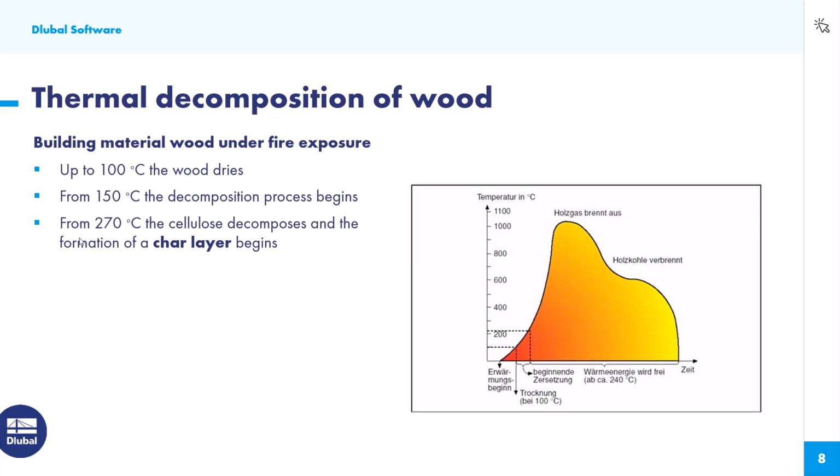And it has its peak at around 270 degrees Celsius, where the cellulose decomposes and the formation of a char layer begins. And this char layer plays an important role, and it's actually the key for our timber design. That's why it's in bold letters.